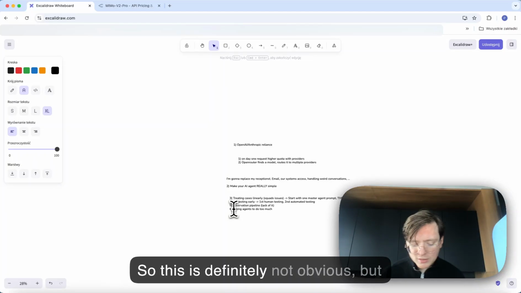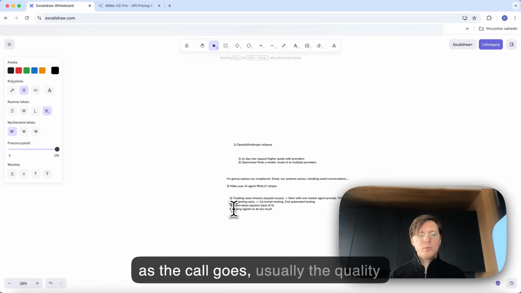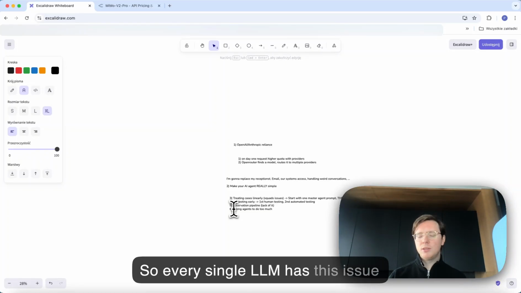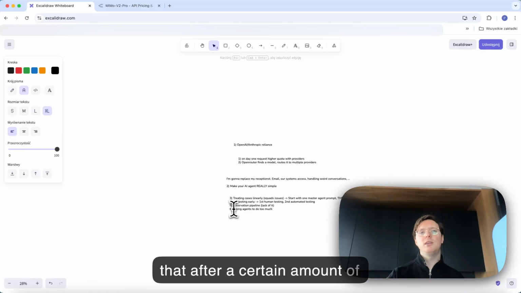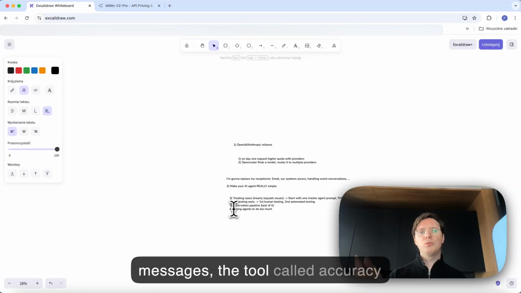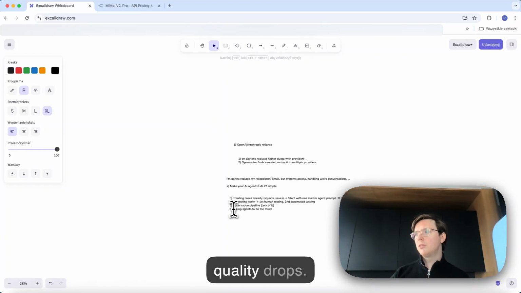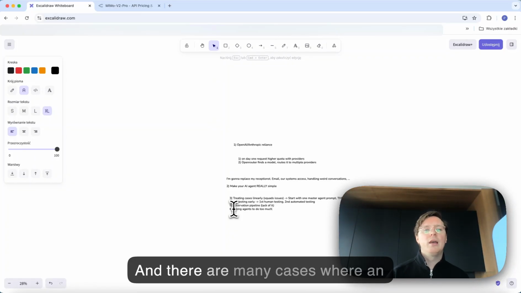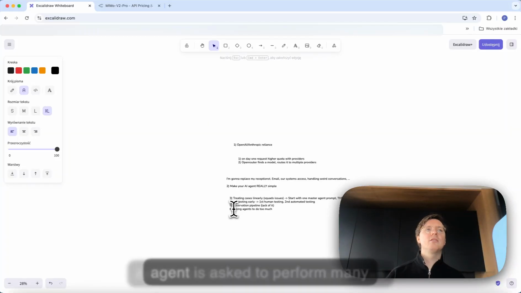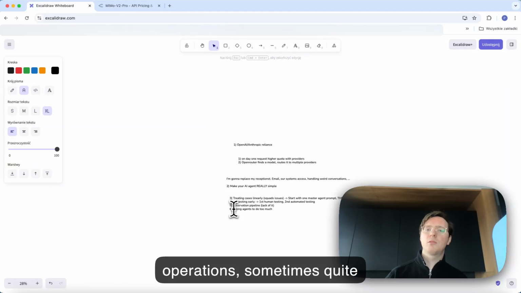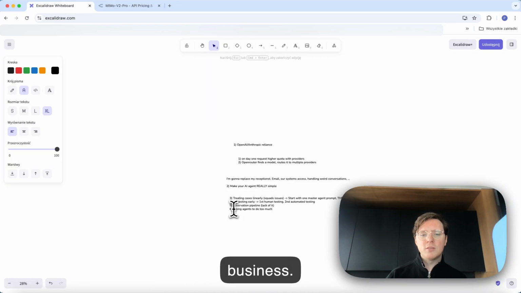This is definitely not obvious, but as the call goes, usually the quality of the LLM drops. Every single LLM has this issue that after a certain number of messages, the tool calling accuracy drops. So overall conversation quality drops, right? There are many cases where an agent is asked to perform many operations, sometimes quite complex ones, requiring understanding of nuances of the business.